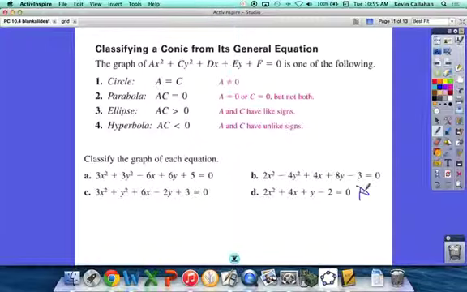B, right? Positive and negative. So what shape is it? It's hyperbola, the one we just did, right? The two that are left, out of circle and ellipse, the circle has equal coefficients. So which one is it? Circle. And the other one, they have the same sign, but not equal coefficients, ellipse.